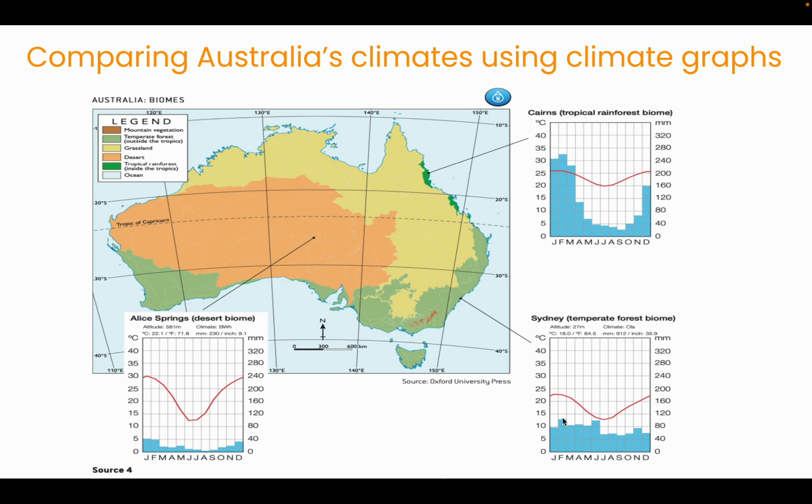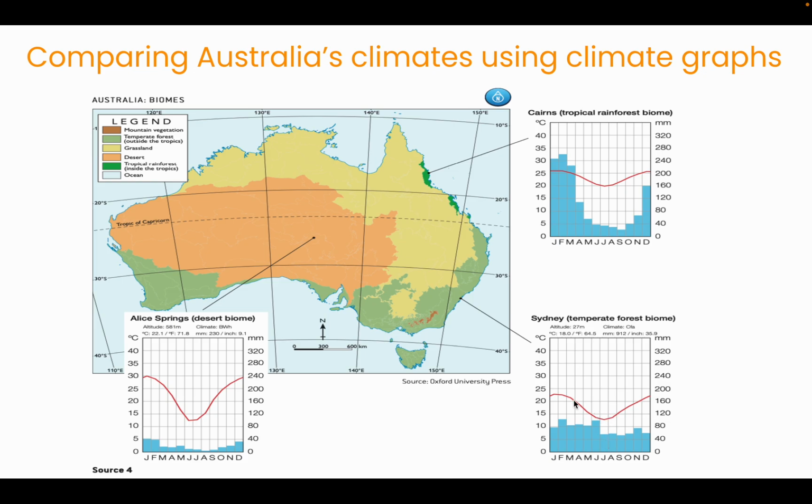Its highest rainfall is in February and in June, both receiving about 100 mils, whilst its driest month, September, which is spring, receives only about 50 mils. So we're 100 to 50. That's a 50 mil range in rainfall, precipitation. Now that's a lot less than Cairns, but it's still more than a desert biome, which seems to make sense, doesn't it?